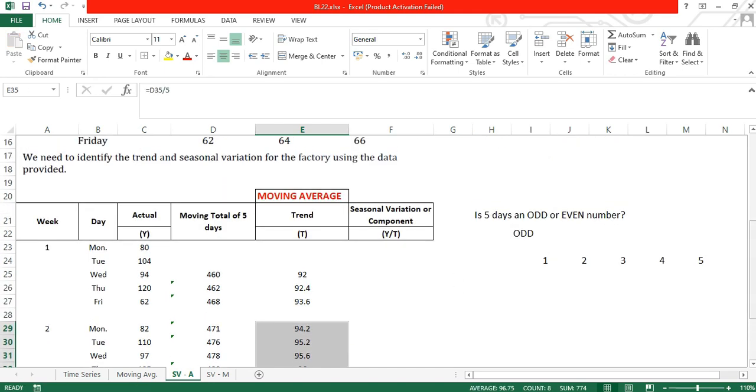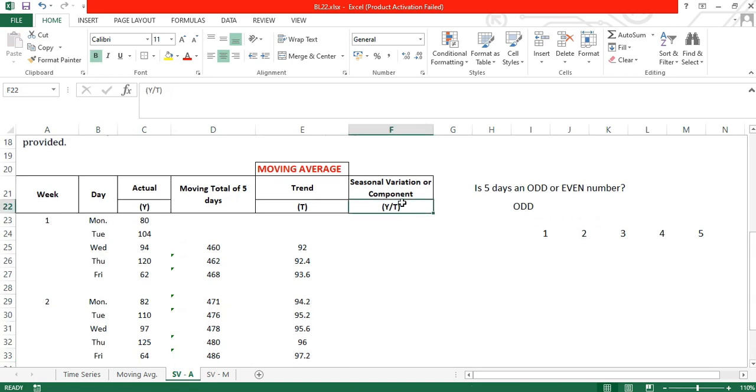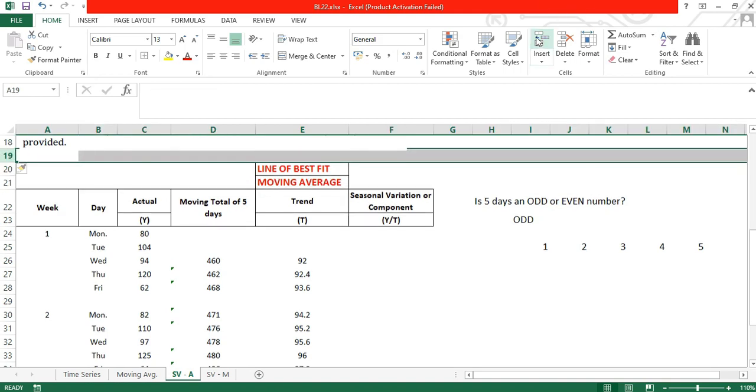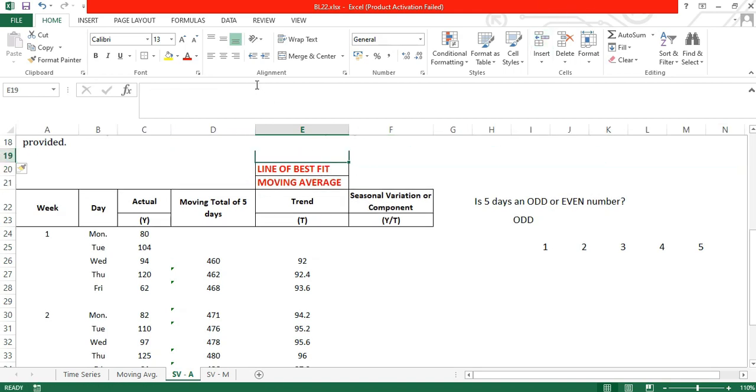Okay, now see the formula for seasonal component. Y is the actual. What is T? T is the moving average, which is the trend. Now trend doesn't have to be moving average only, it can be line of best fit, or it could be linear regression.